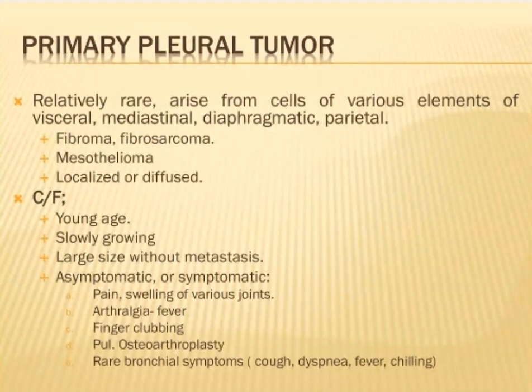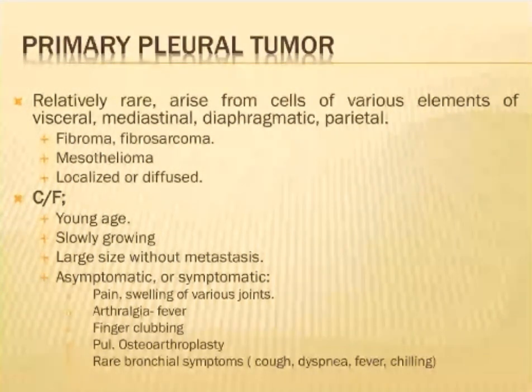This is a mesothelioma. Either it will be localized or diffuse. It will differ in presentation if it is localized or diffuse. It affects young age, a slow-growing tumor, large size with metastasis, asymptomatic or symptomatic, discovered accidentally by chest X-ray, but the complaint may not be related to the lung.